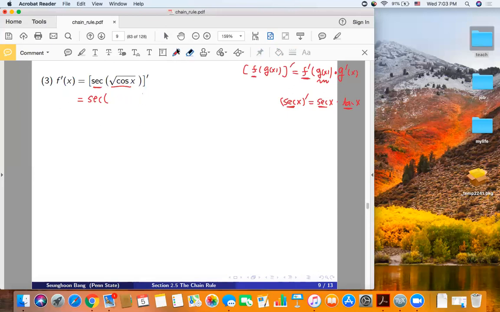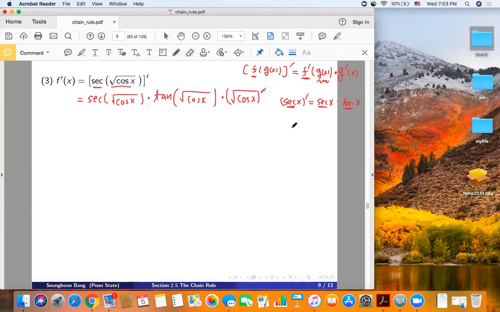So secant of the square root of cosine of x times tangent of the inner function, square root of cosine of x, times the inner function prime. The inner function is the square root of cosine of x, prime.